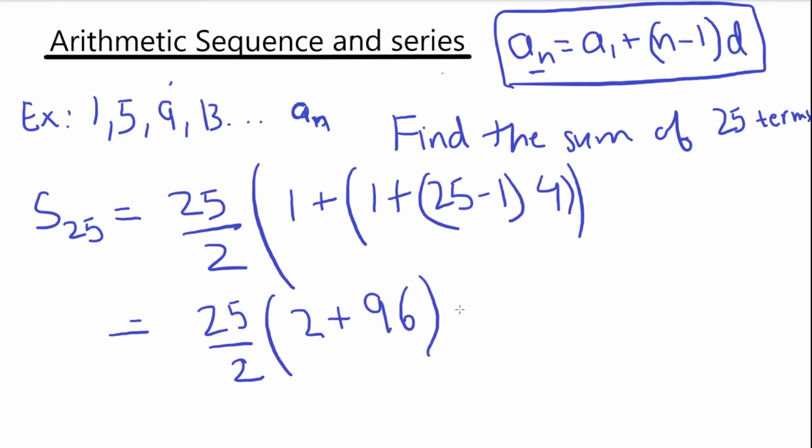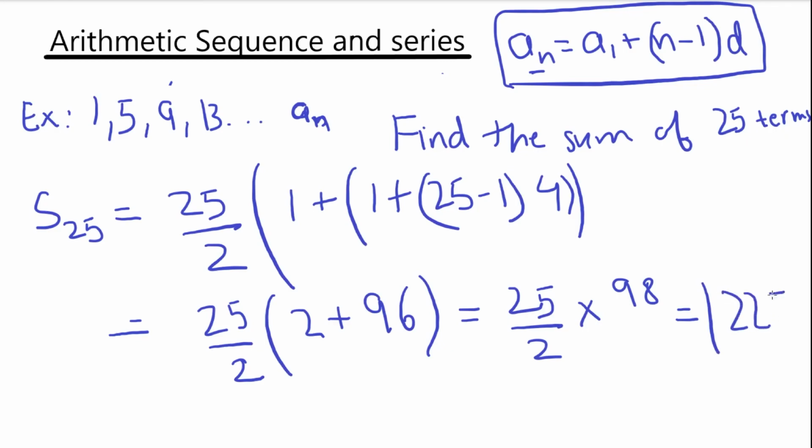This will give 25 over 2 multiplied by 98, which is 1225. We can prove this by actually adding all of the terms in our calculator, but it will definitely give 1225.